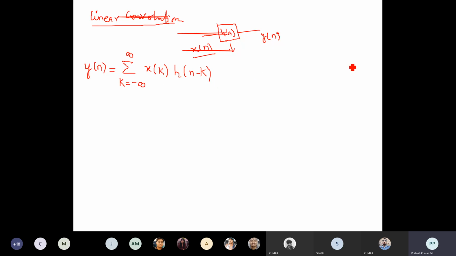This is how we calculate the convolution: x of n convolved with h of n.